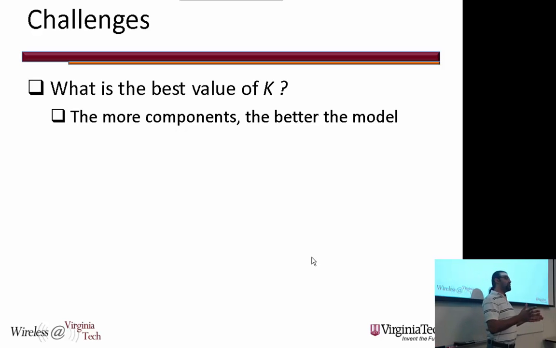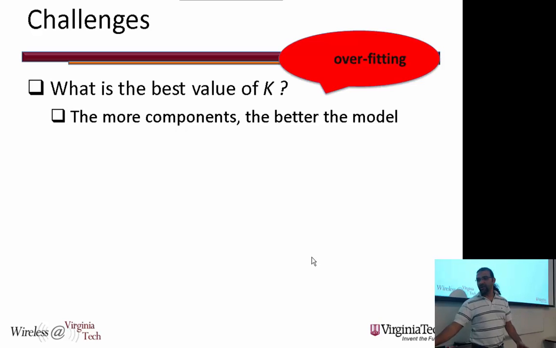But the challenge, when you start, is how many components you assume are there. Of course, the more components you add, the better the model should match or fit the data set that you have. But if you keep increasing the number of components, K, you end up overtraining, or overfitting, the data.